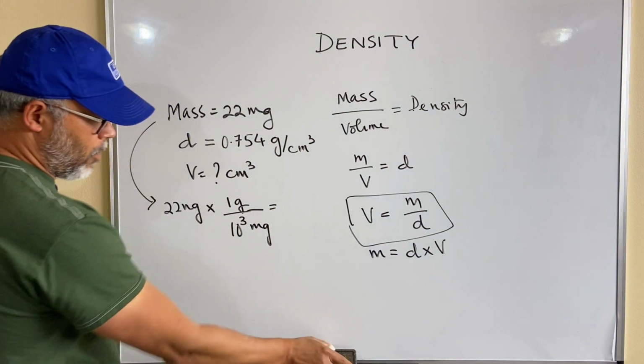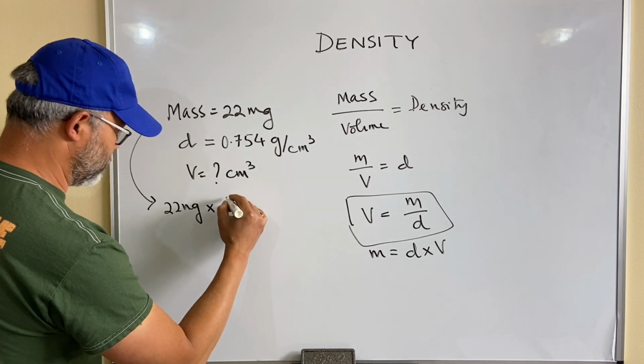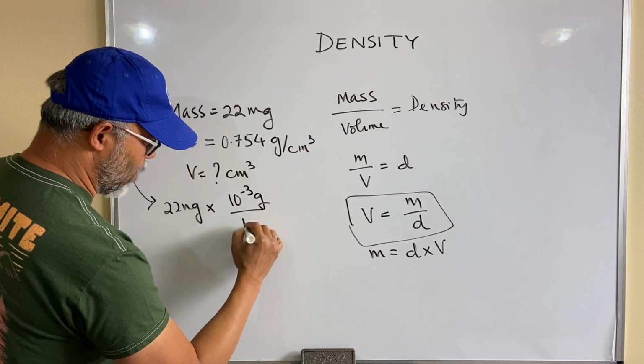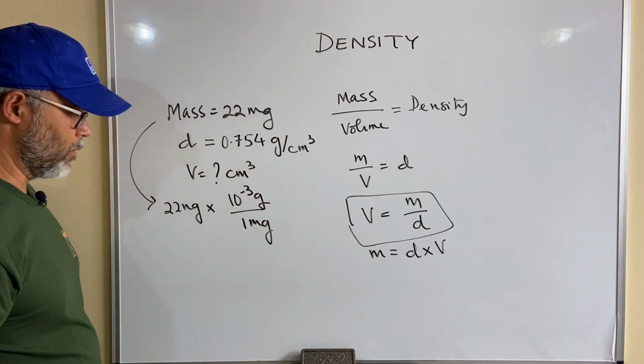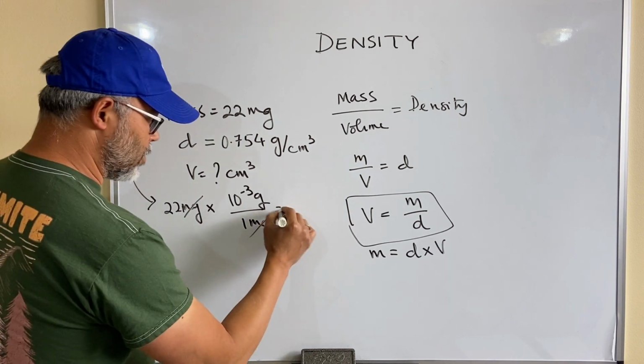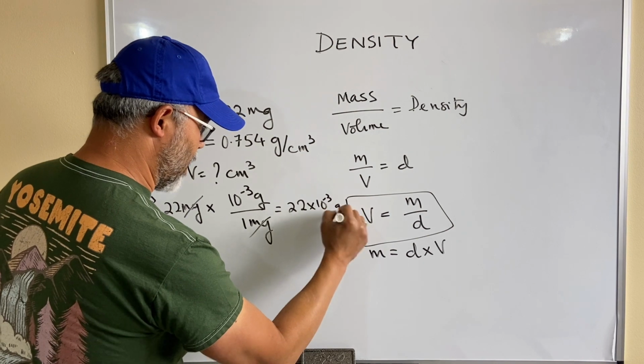Now you can go this way, or we can do it another way. So we can do 10 to the negative 3 grams over 1 milligram, okay? So that way the milligrams cancels out. And then we solve for that, so that's going to be 22 times 10 to the negative 3 grams.